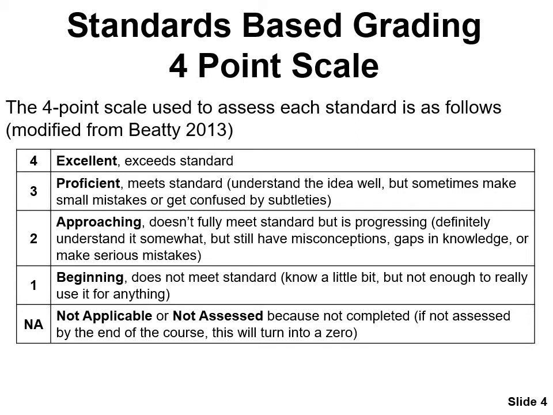There are just some really minor things that need improvement. So I tend to use the almost excellent a lot more than the excellent. And at the beginning of the semester, I tend to give out a lot of approachings and proficients, and sometimes a few beginnings.